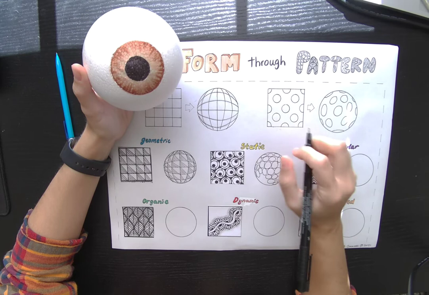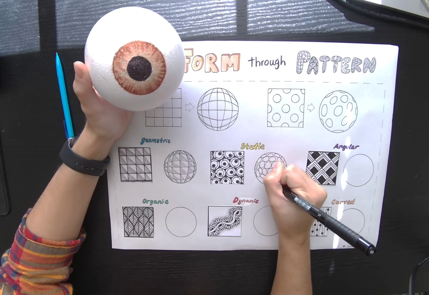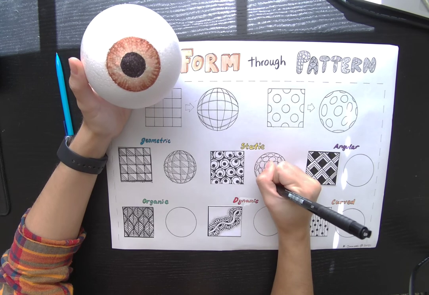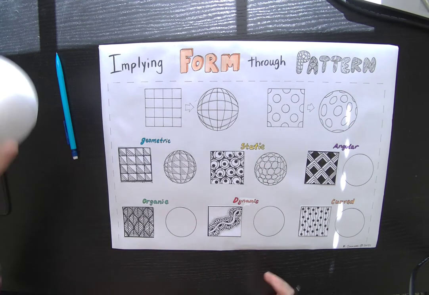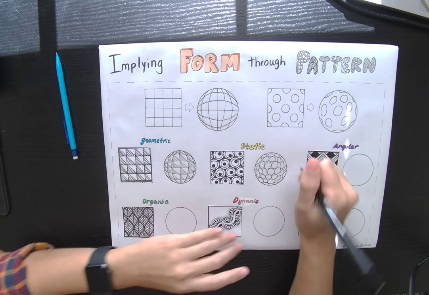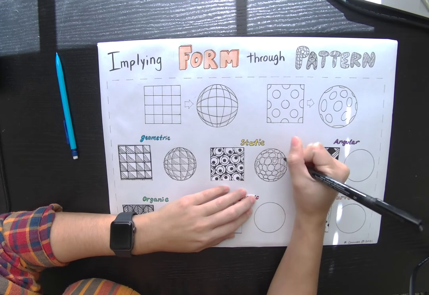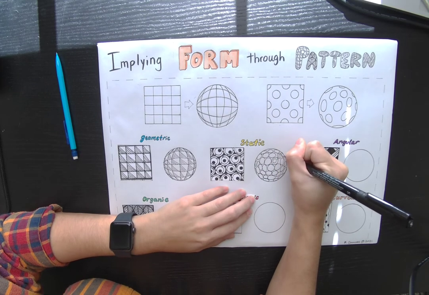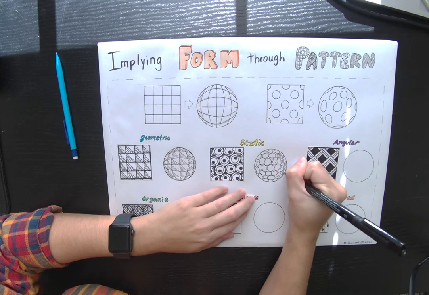And it's all about creating the illusion here. It doesn't necessarily have to be perfect, especially when you're just learning like we are now. You just want to create the illusion that it's got this roundness to it. And then from there, you can just add in your pattern, keeping in mind that if something is more oval, you should make the inside circles more oval too.